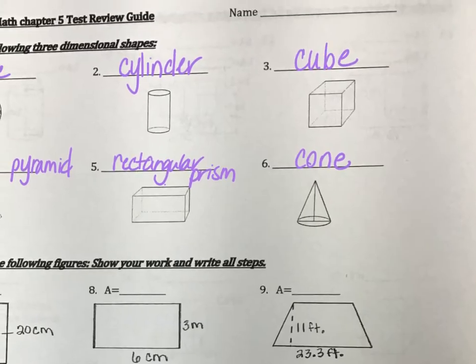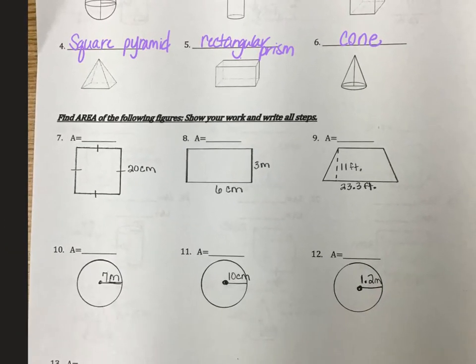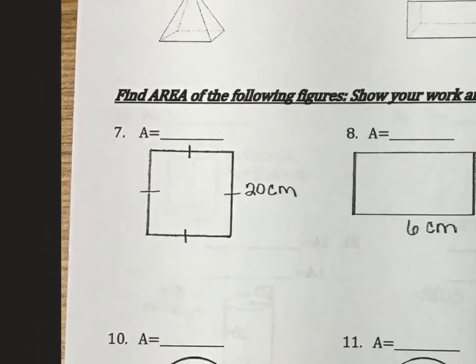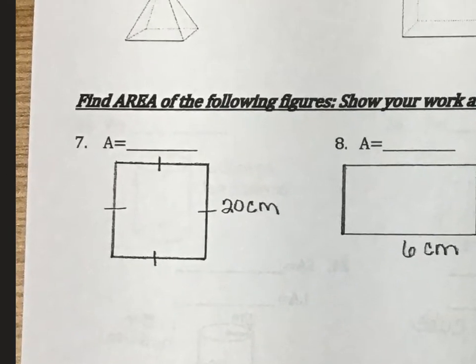Let's look at our first row here, okay? We'll start with number 7. We're finding area of a square. Notice that it is a square because all 4 sides are equal. Now, the formula for area of a square is area equals S squared. You have to write your steps. Show your work and write your steps like this.